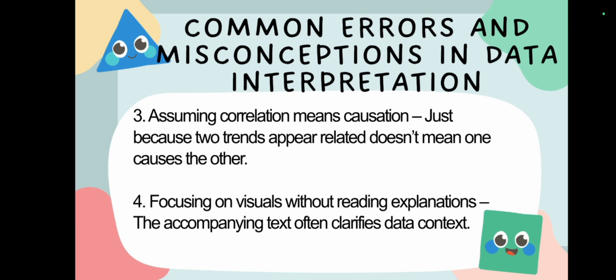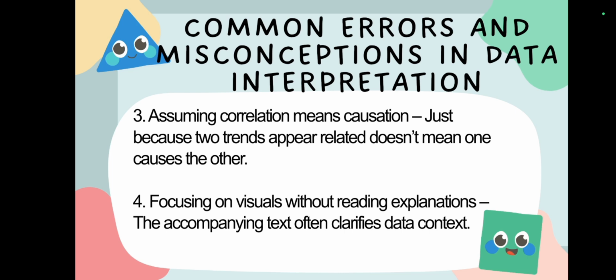For example, a graph might show that school A has higher test scores than school B. Now, if we only look at the visual, we might think that school A is simply better. But the text might explain that school A had fewer students or different test types, which changes the meaning entirely.